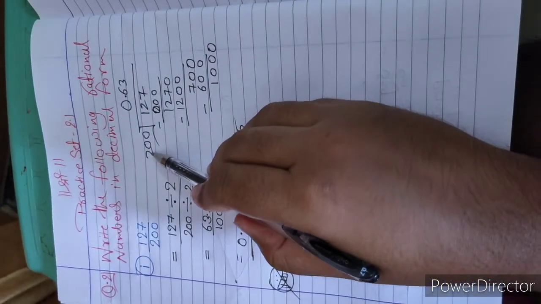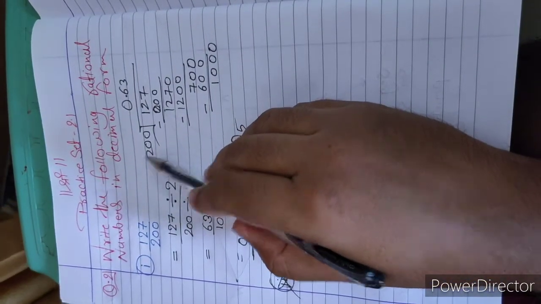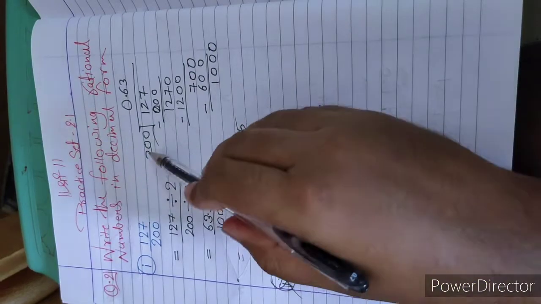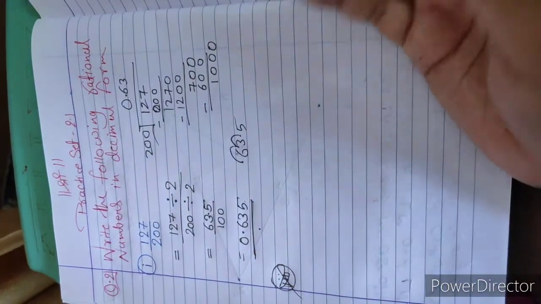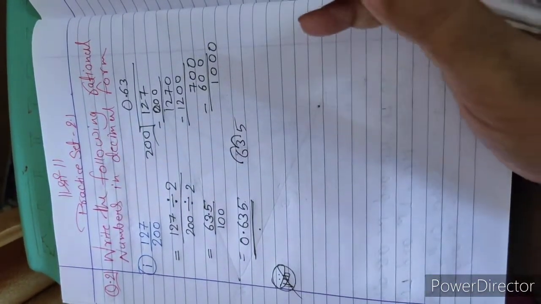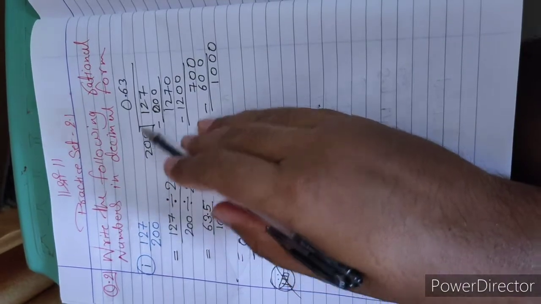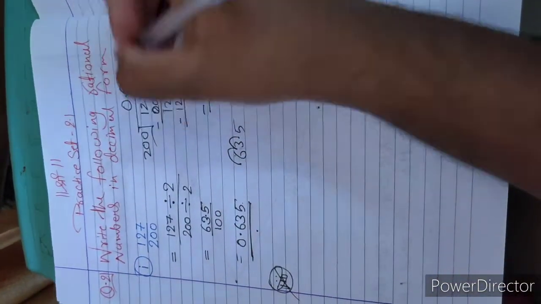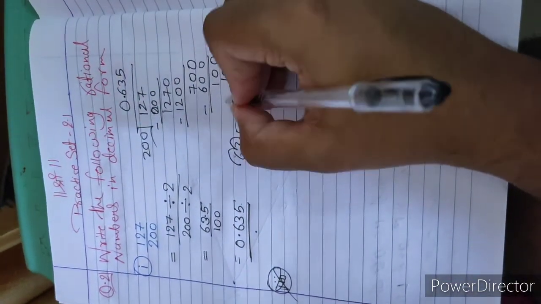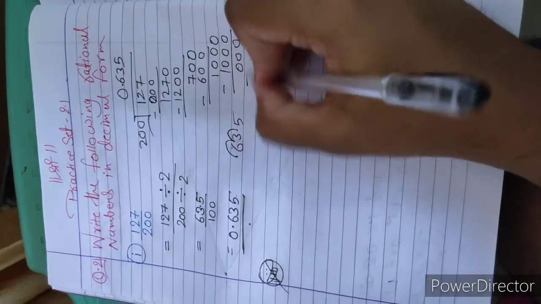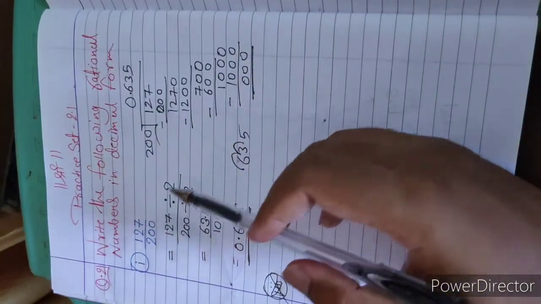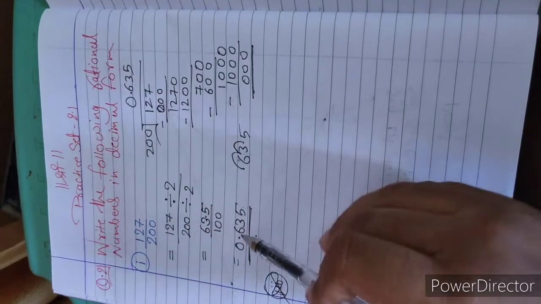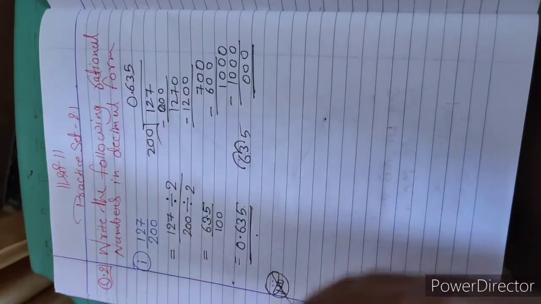We know in the table of 2, 2 fives are 10, so 200 fives are 1000. So here we got the same answer that we got in the first step, which we did by manipulation.